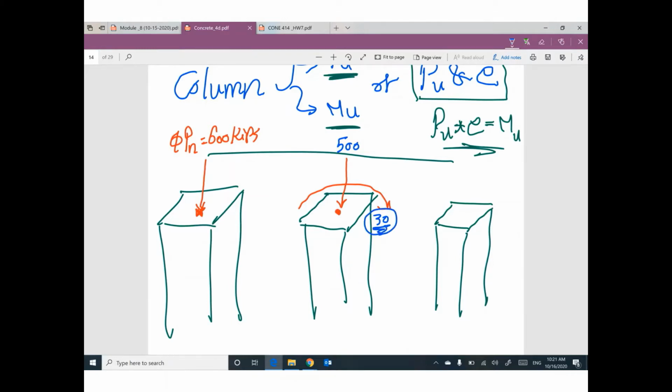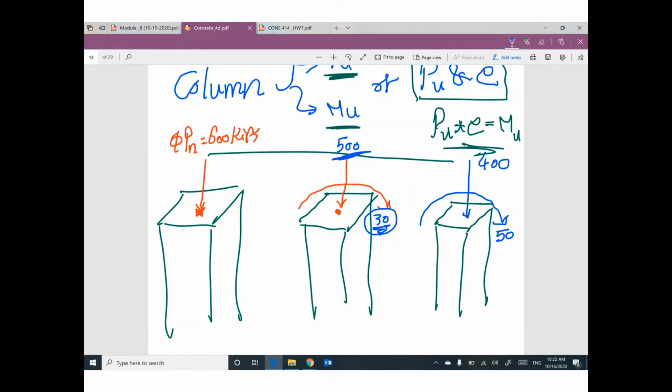So the remaining capacity for axial force P will be smaller. And that makes sense. If this moment increases, instead of 30, 50, I believe the axial capacity will be reduced more and more.